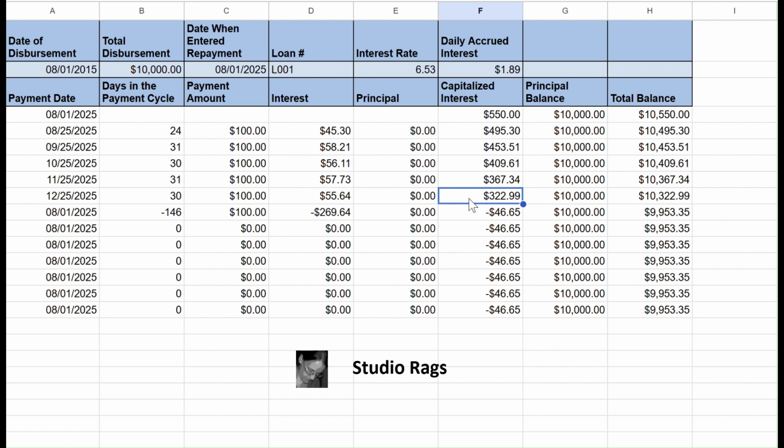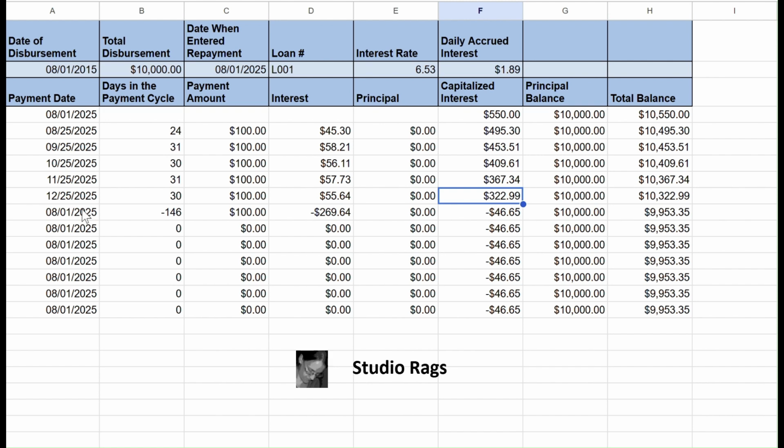And say it's the end of the year, you've gotten a bonus, you've worked extra hours, whatever, and you want to make an impact on your loan, and you've decided you want to pay off that capitalized interest. You can do it, but you have to make a payment that is equal to this capitalized interest amount plus what's being calculated for the current month.